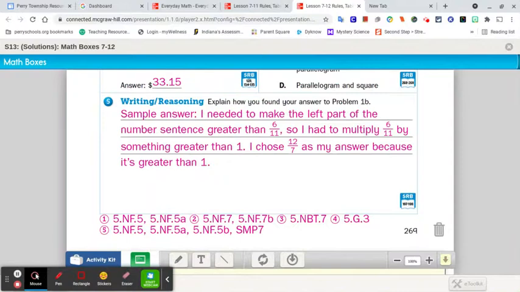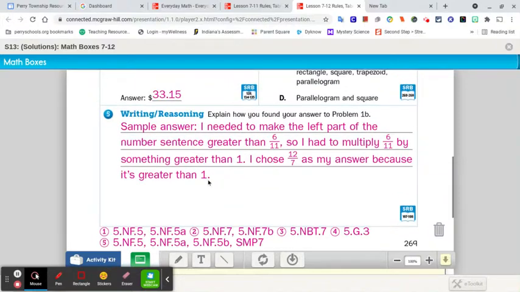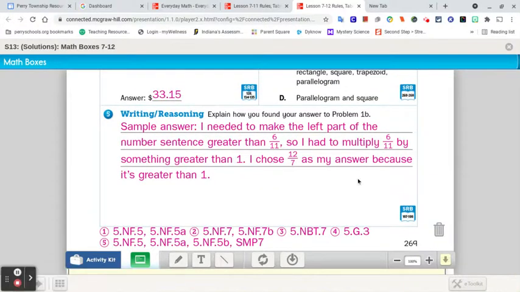It says, I needed to make the left part of the number sentence greater than 6/11. So I had to multiply 6/11 by something greater than 1. And then I chose 12/7 as my answer because it's greater than 1. So if you had to explain that, that's basically all you would say. You would just say that you needed something greater than 1 and that's why you chose that.